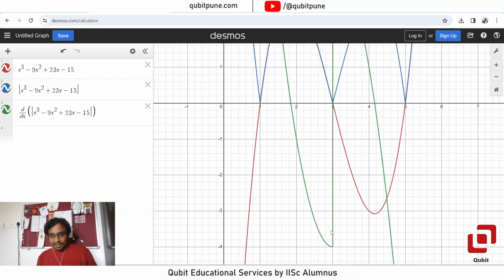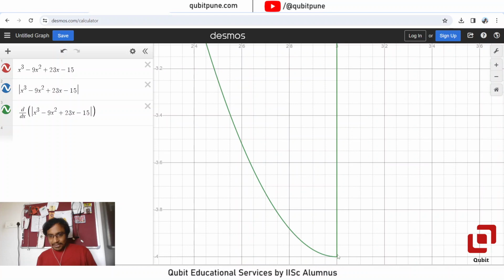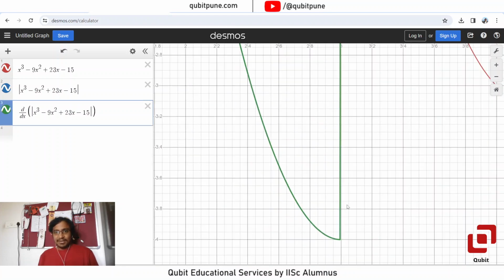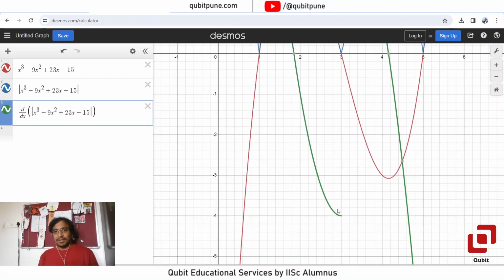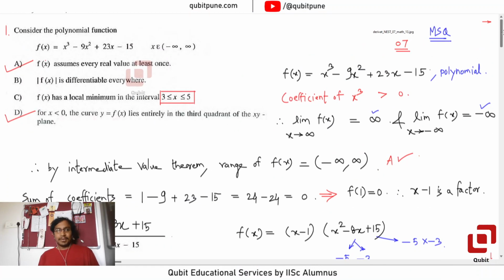This vertical line that the software has drawn is not right. It's not capturing the discontinuity in the derivative. The derivative is discontinuous there, and therefore the original function is not differentiable. Got it?